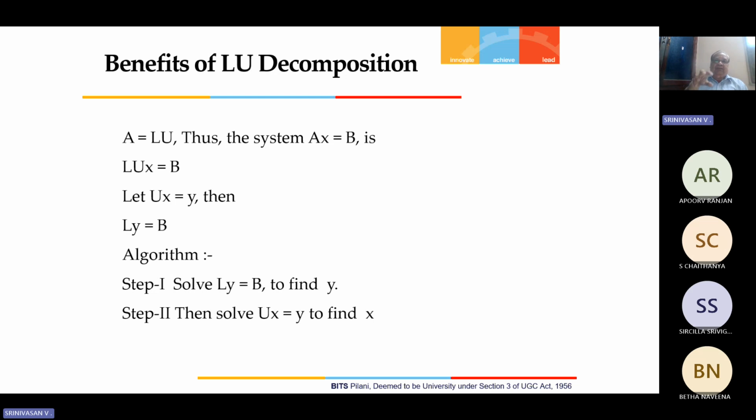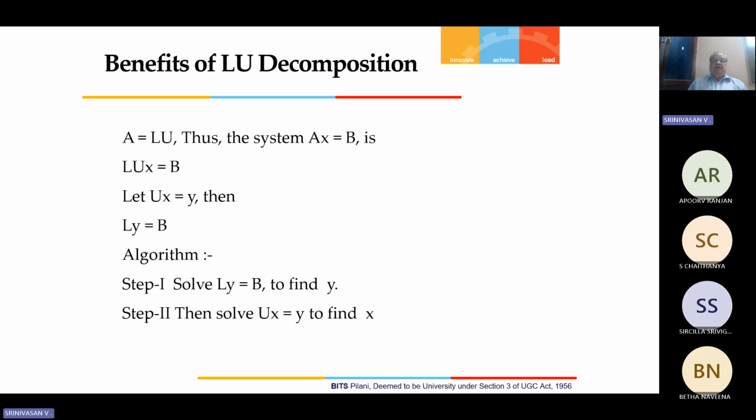You have to make a substitution because you only know how to reduce into echelon form and find the unknowns by the back substitution method. If it is AX equal to B, naturally you get the values of X straight away.